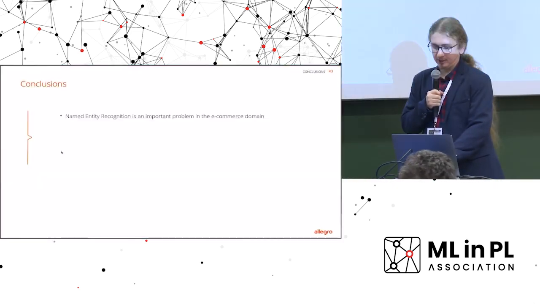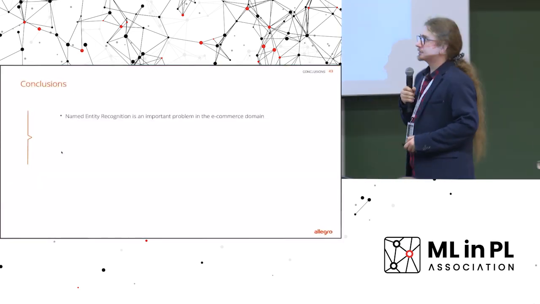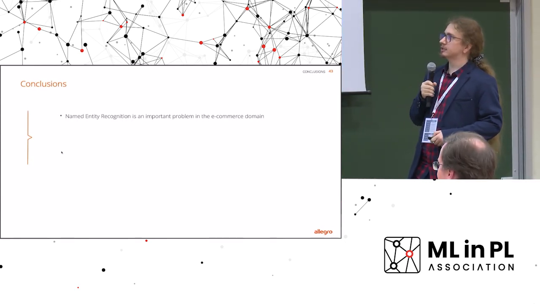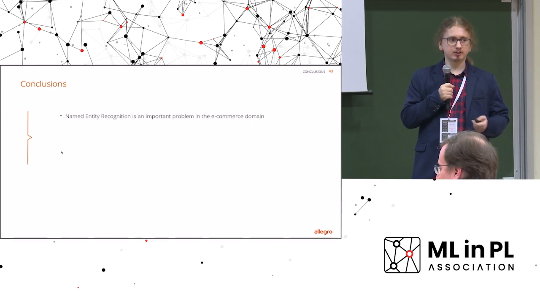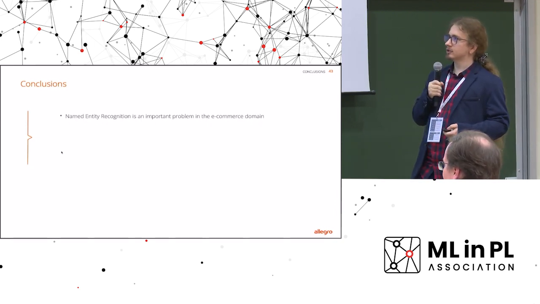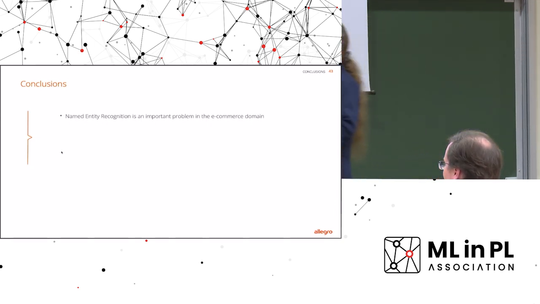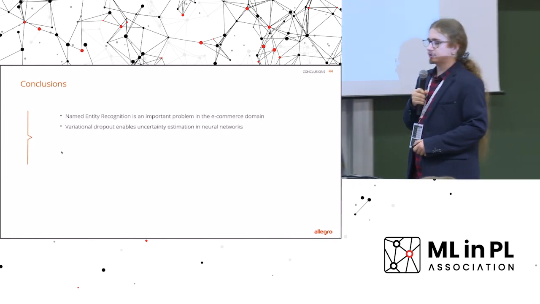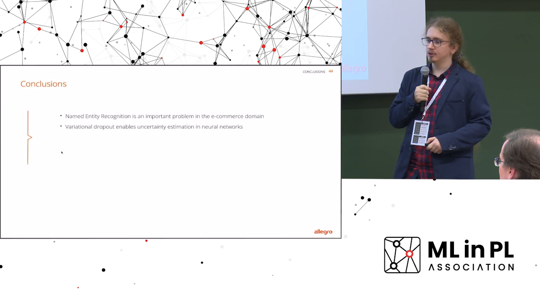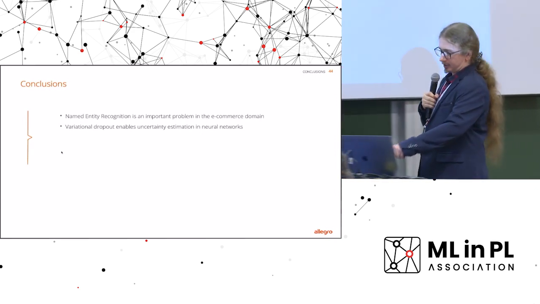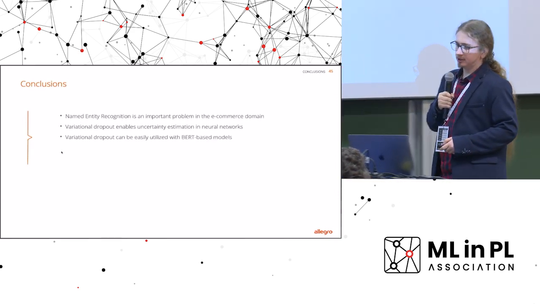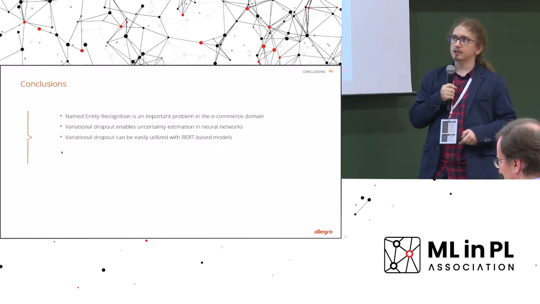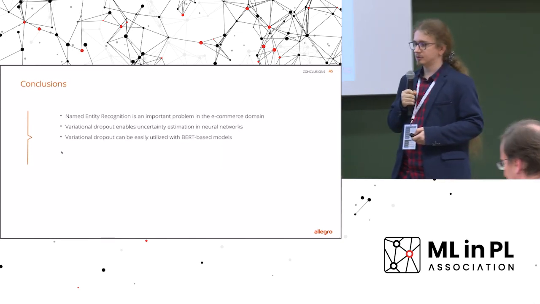So that's basically it. So we showed that named entity recognition is an important problem in the e-commerce domain for an online shop such as Allegro. Then we also showed that variational dropout enables uncertainty estimation in neural networks, and that it can be easily enabled in a BERT-based model simply by adding dropout to the model.